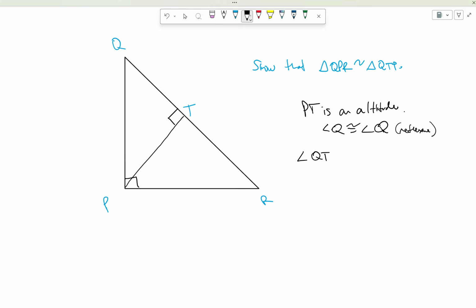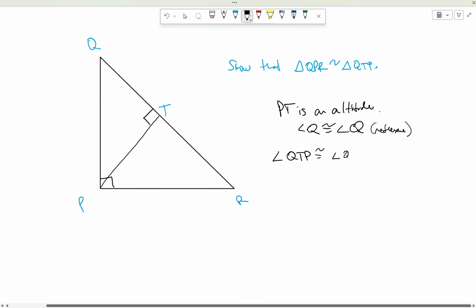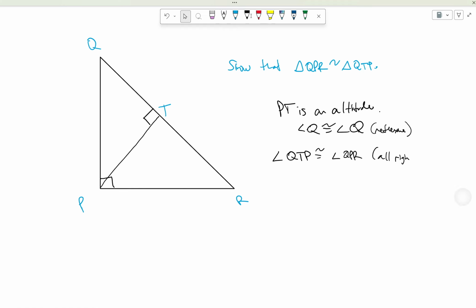Sorry, QTP is going to be congruent with angle QPR. And that's because all right angles are congruent. So we're set. We're already done.